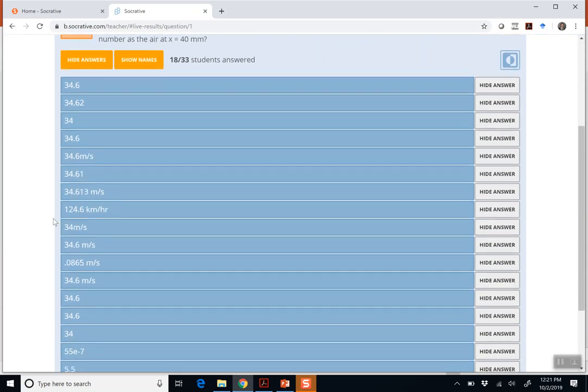So I believe 34.6 meters per second is the correct answer. So the point here is, actually, let's go to the next question before we get to the point.